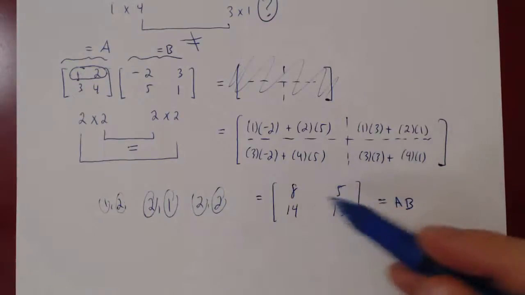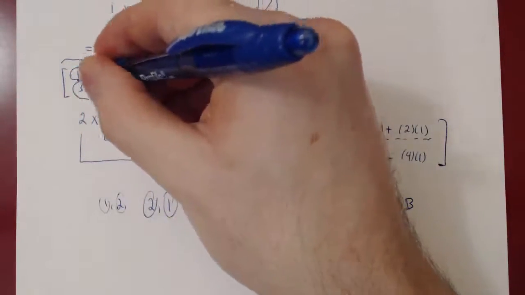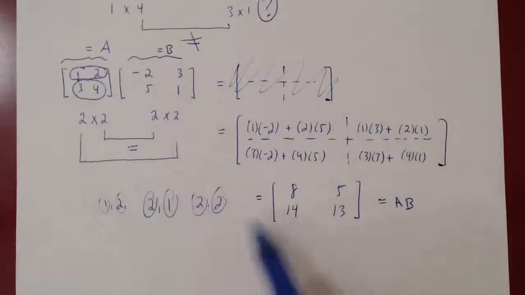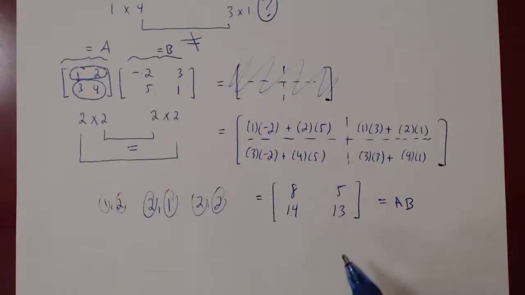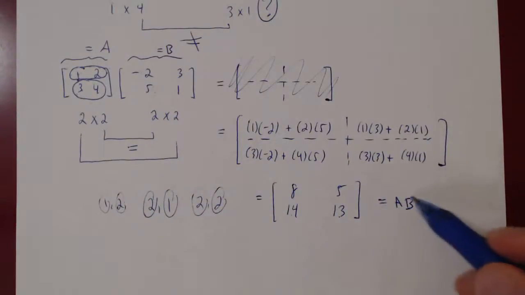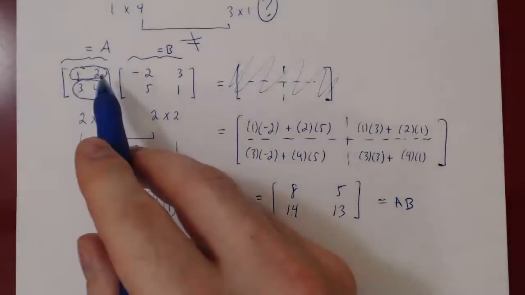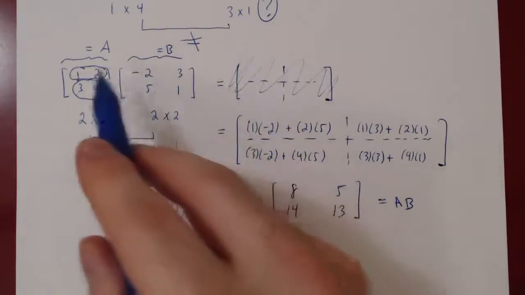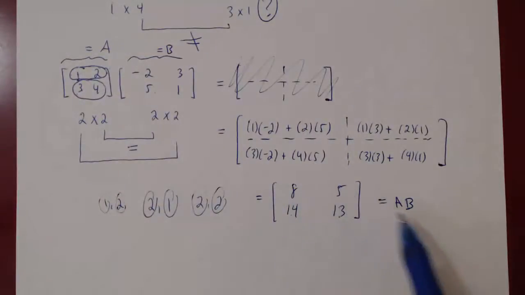And now we will construct the second row by fixing the second row of our first matrix A and going through every column. Negative 6 plus 20, 14, 9 plus 4, 13. So every time from now on that you construct a product of two matrices, always fix the first row of the first matrix, go through every column of the second matrix, and this will allow you to construct the first row of your new matrix, AB.